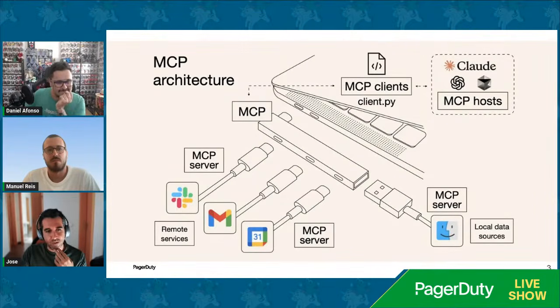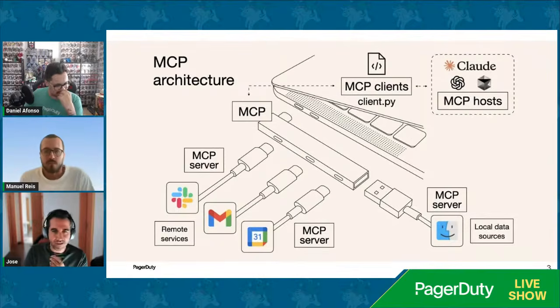A good way to think of it, and an analogy that's been used, is it's USB-C for agents. So in this analogy, the computer is an agent like Claude Desktop, and the tools are MCP servers, so the capabilities you want to instill or to give to that agent. That's it in a nutshell.